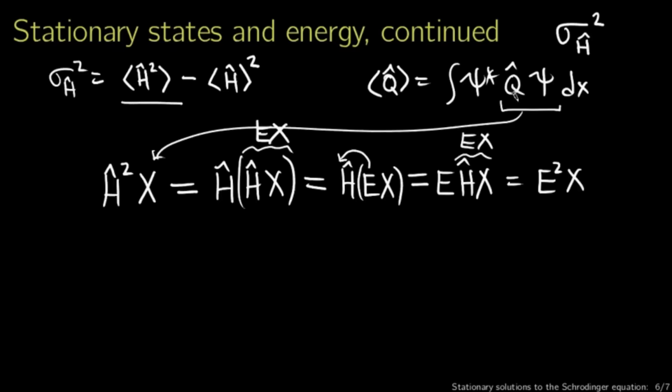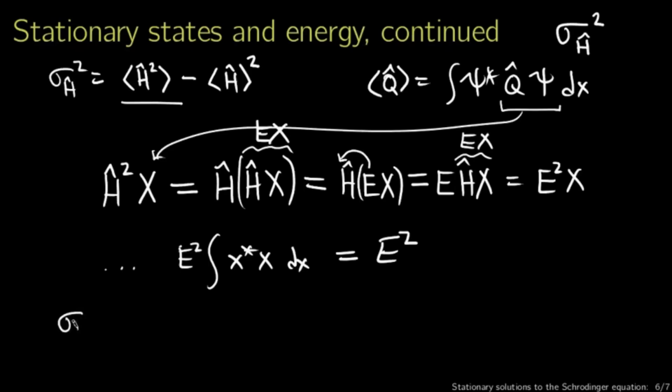Now back in the integral equation, this E squared, just being a constant, can be pulled out front. And what we would end up with is E squared times the integral of x star x dx. And again, if we've properly normalized this, this will just be 1, and we'll end up with E squared. So, this is interesting. What we got for our expectation of Hamiltonian squared was E squared.